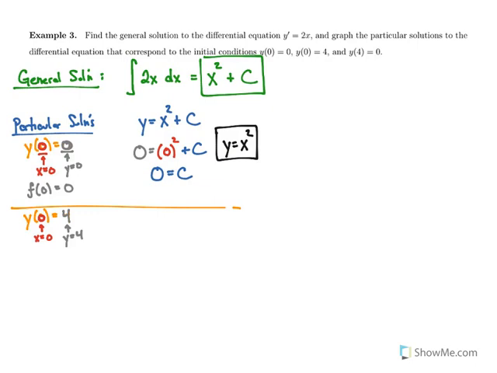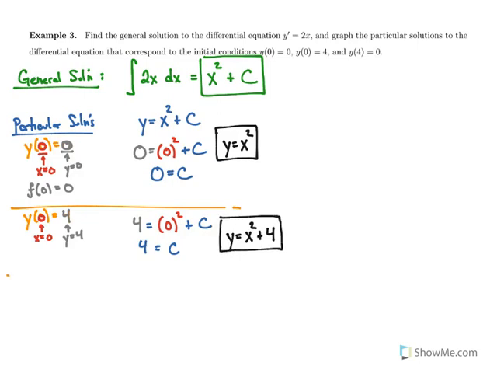So we have 4 equals 0 squared plus c. That means that c is going to be 4. So our particular solution is x squared plus 4.